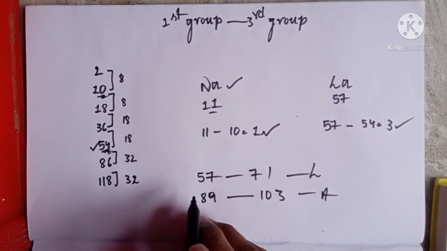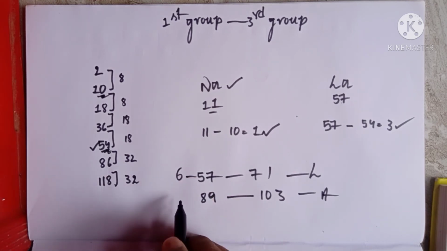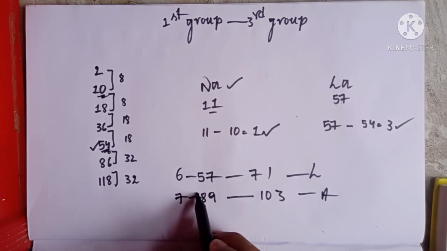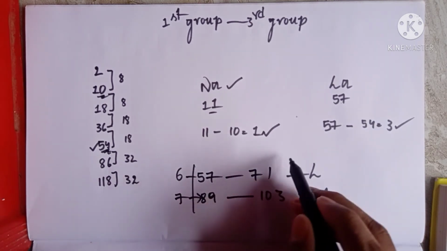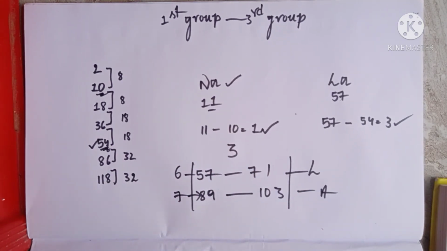The elements from 57 to 71 belong to the 6th period, and the elements from 89 to 103 belong to the 7th period, and all these elements belong to the third group. You need to remember this, friends.